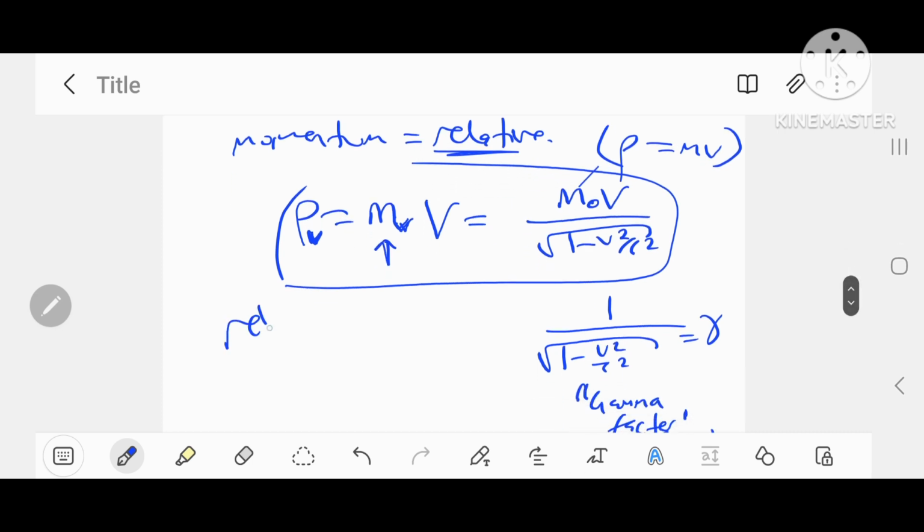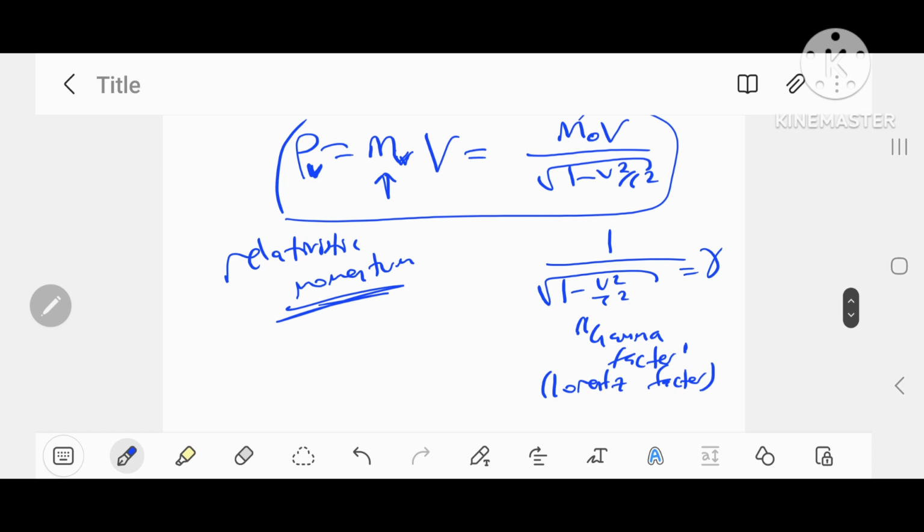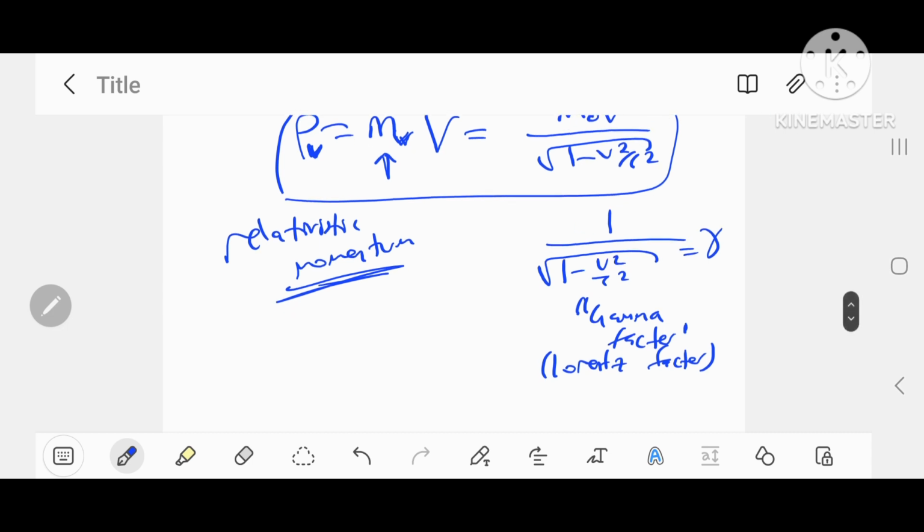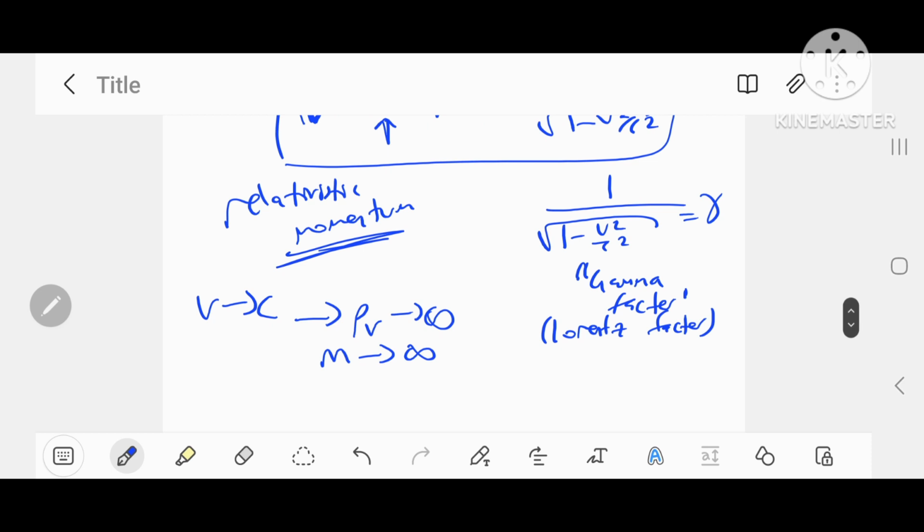This is the relativistic momentum formula. So here we can see that momentum is a relativistic quantity. It's a relative quantity and not an absolute unchanging quantity. Now, just to note, as any object approaches the speed of light, so as v approaches c, the relativistic momentum approaches infinity, because the effective mass m approaches infinity.